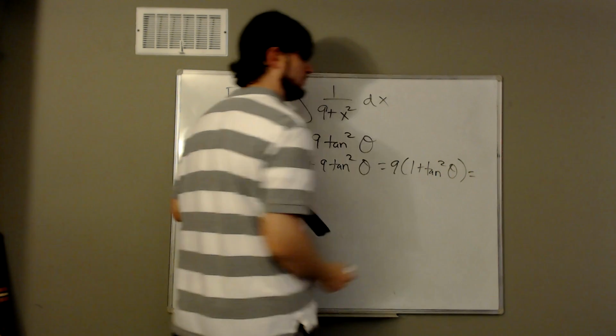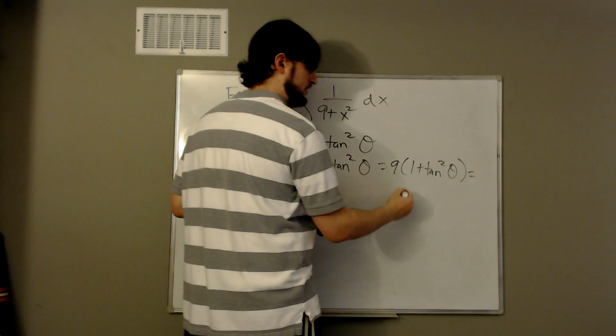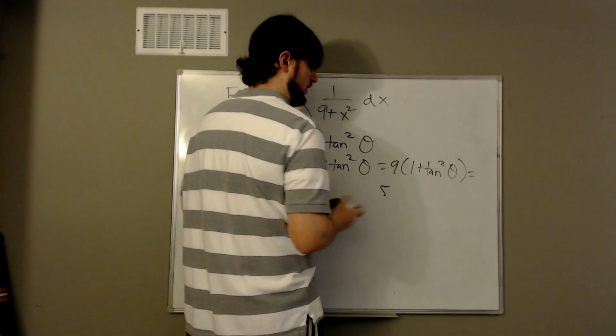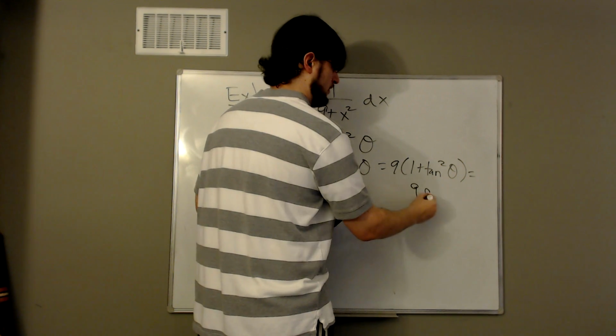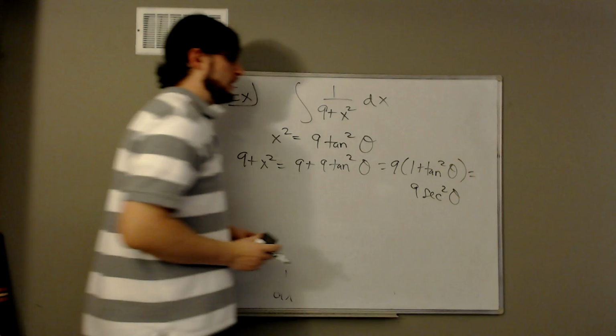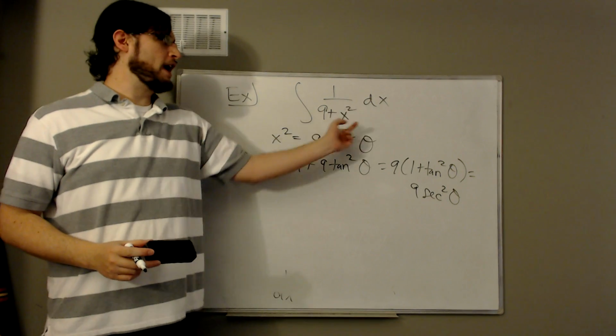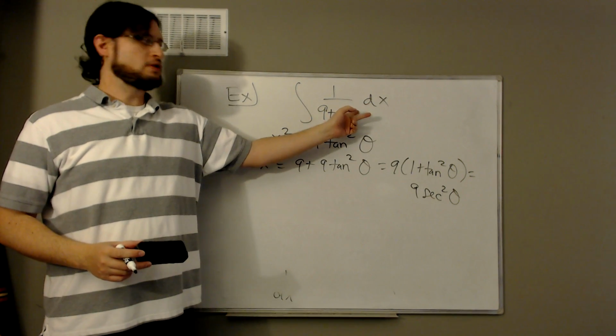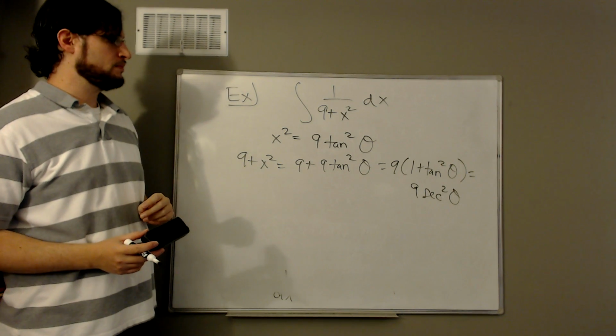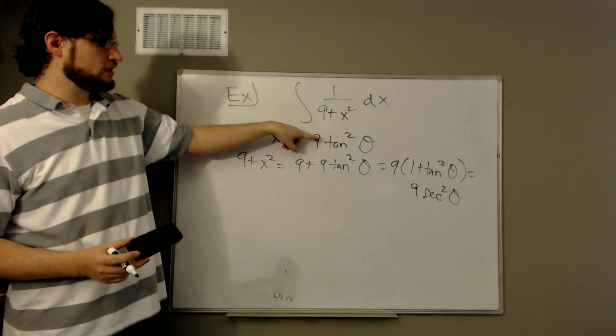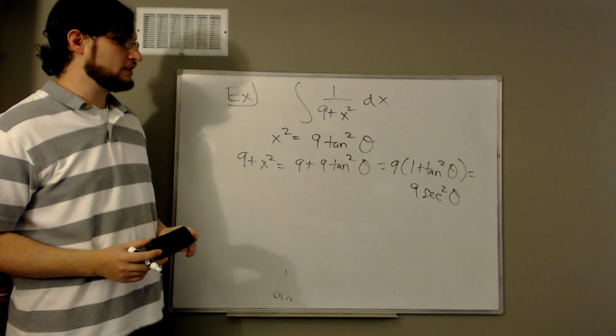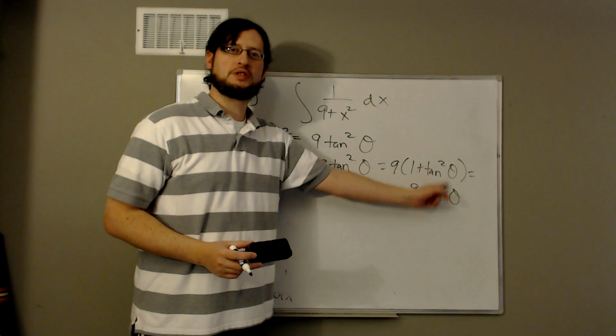And by our formula, 1 plus tan squared theta is secant squared theta. So I get 9 secant squared theta. So the idea here is to put something in for x squared which simplifies the denominator. If we choose this, we can factor out the 9's, and we get 1 plus tan squared, which is secant squared.